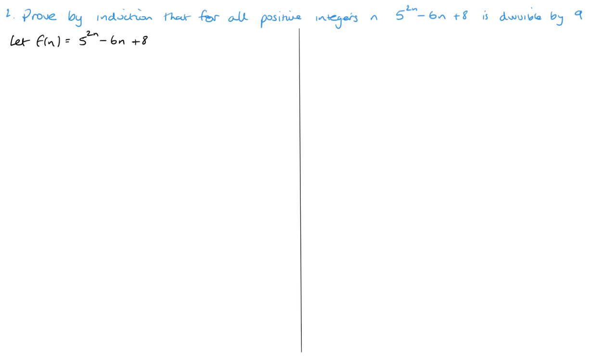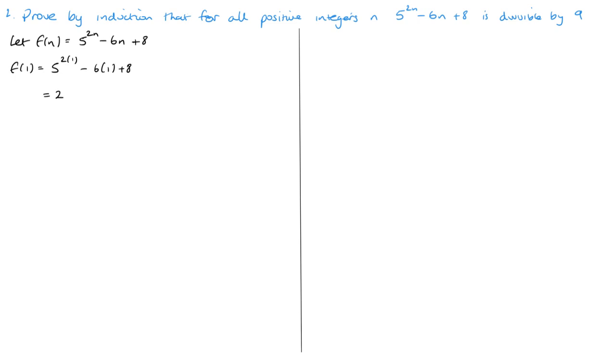So, as usual, let f of n equal the expression that we've got, and then we want to substitute n equals 1. So that is 5 to the power 2 times 1, minus 6 times 1 plus 8.